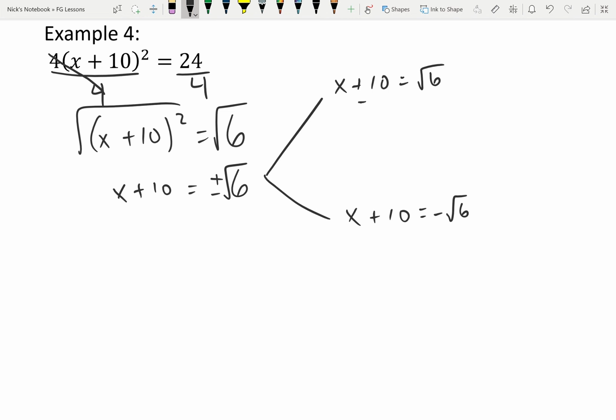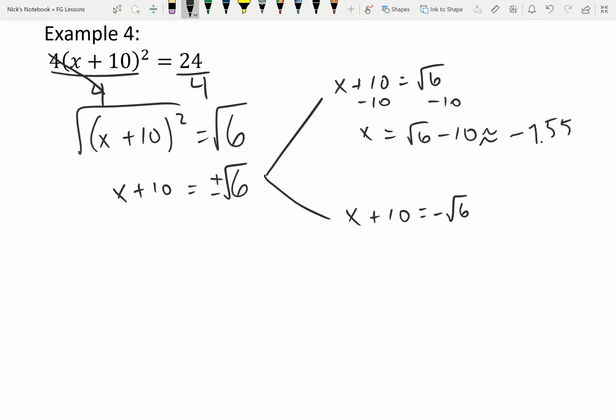What we can do now is subtract 10. And there we have x equals square root of 6 minus 10. That's an exact answer. For some maybe on a test, it might say give an exact answer. Well, this is what you would give right here. However, if you were to put it in a calculator just like this, you would get an answer of negative 7.55, rounded to 2 decimal places.